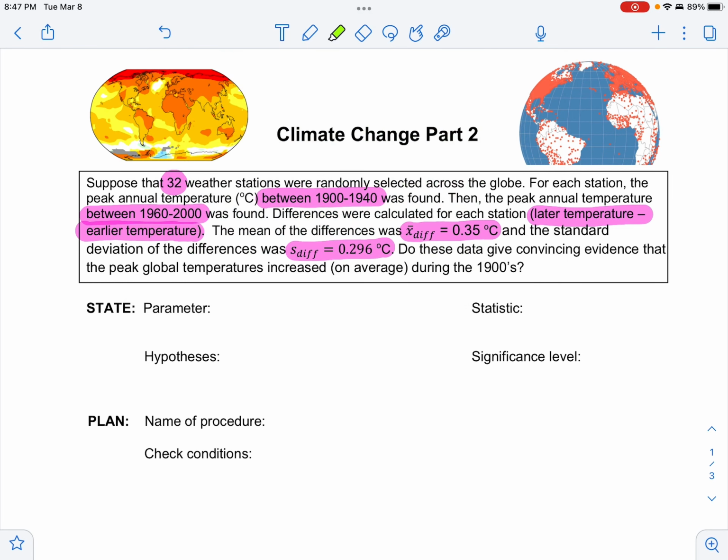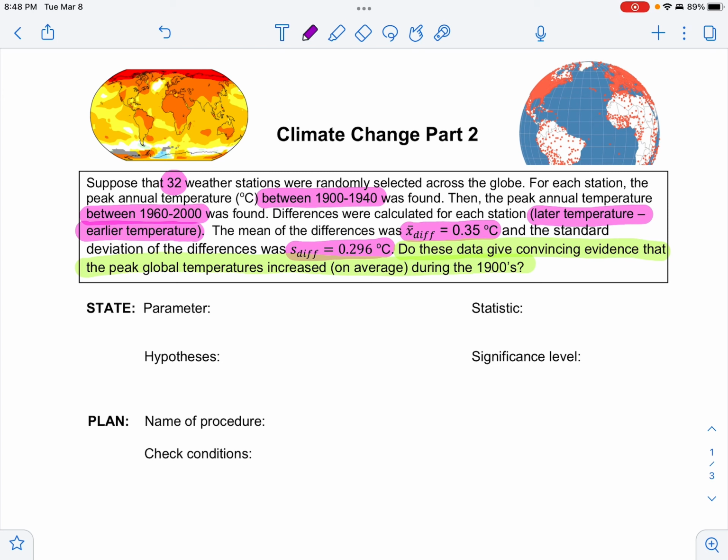And I'm going to highlight this in a different color because this last sentence is really important. It is setting up the context of our whole problem, like what it is that we are truly testing. So as I get ready to begin this problem, I'm going to make sure that I do every part of state, plan, do, conclude, which is set up for us in this example here.